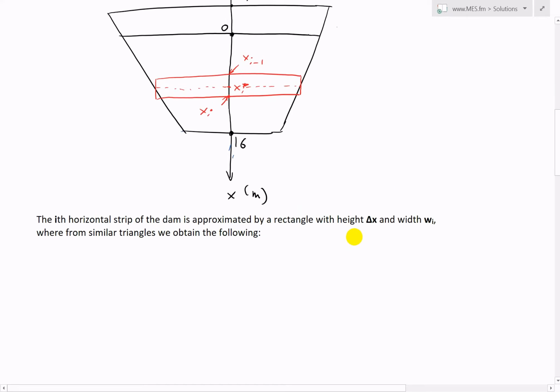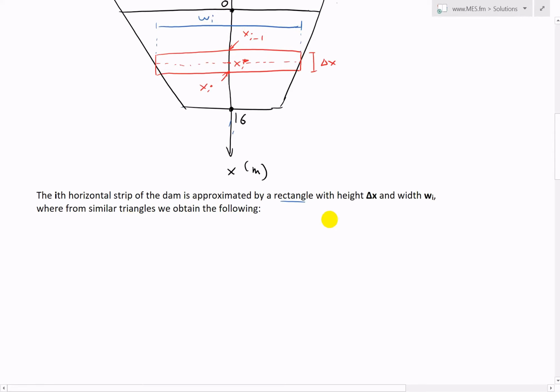So basically the ith horizontal strip of the dam, as I showed here, is approximated by a rectangle with height delta x like that, and width wi, so I'll draw that width across like this. So this width is wi, where from similar triangles we obtain the following.